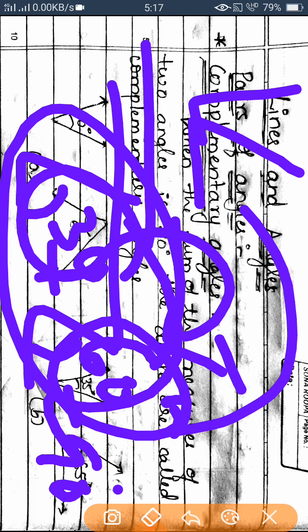You can imagine 30 and 60, or take 40 and 50 also, not only 30 and 60. The complement of 30 is 60, and the complement of 60 is 30.